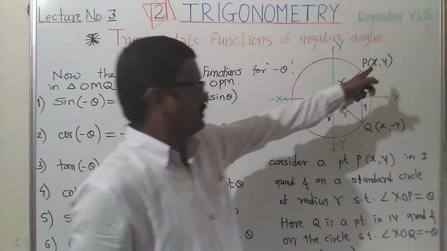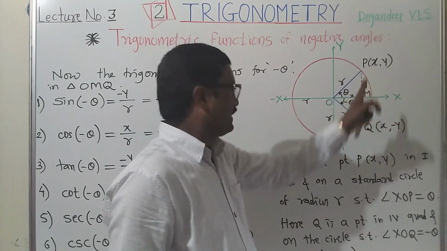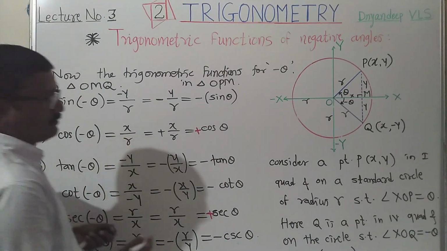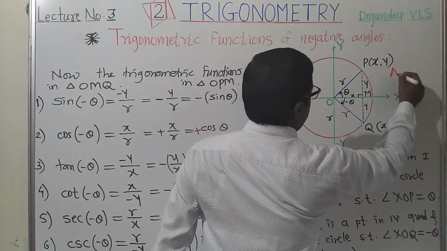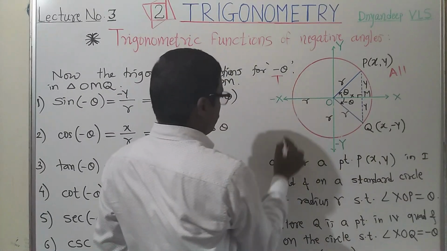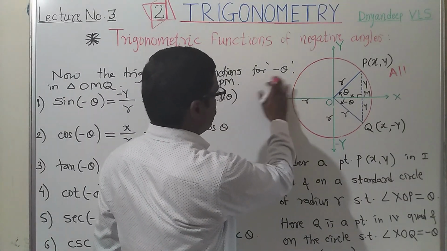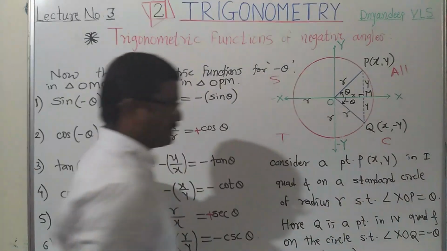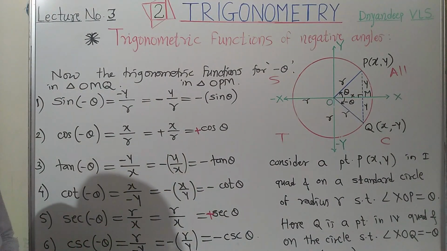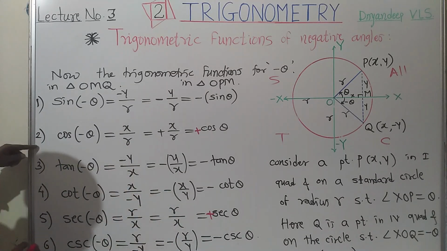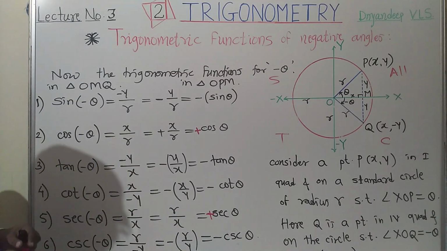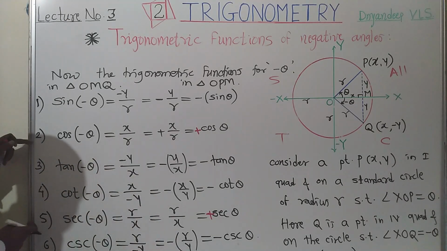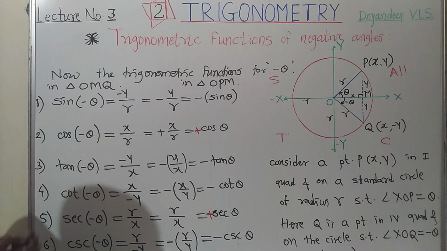Because in the first quadrant all trigonometric ratios are positive, and in the fourth quadrant cos and sec are positive. All students take coffee. So cos and sec are positive in the fourth quadrant. That's why here cos and sec are positive. So these are the conclusions: cos and sec are positive, others are negative.